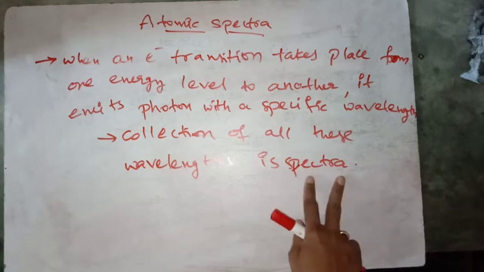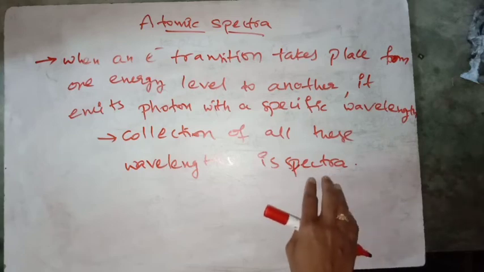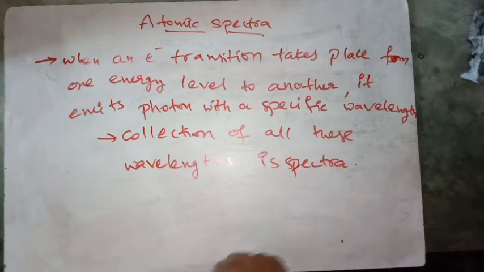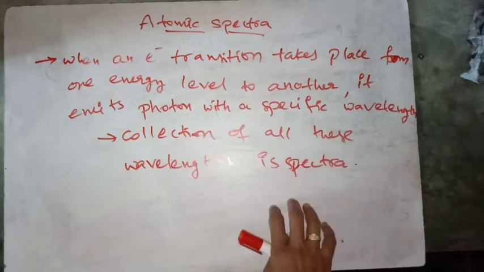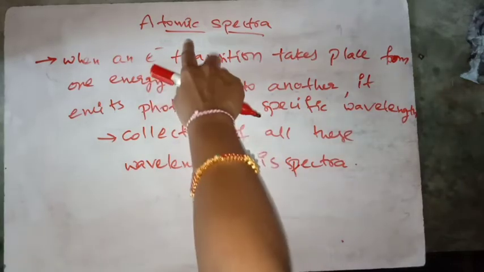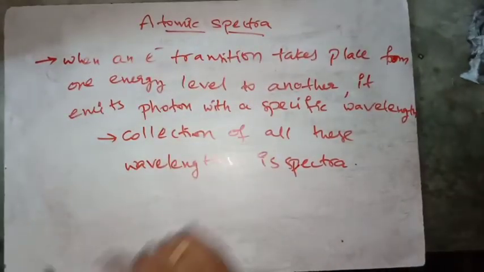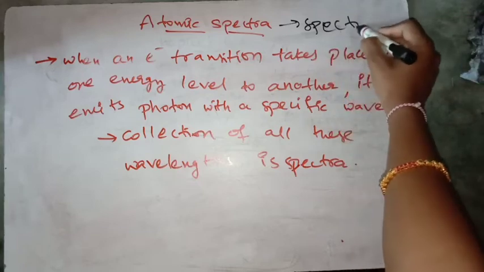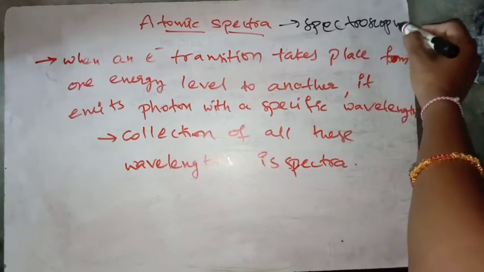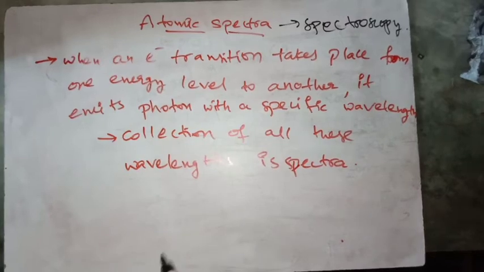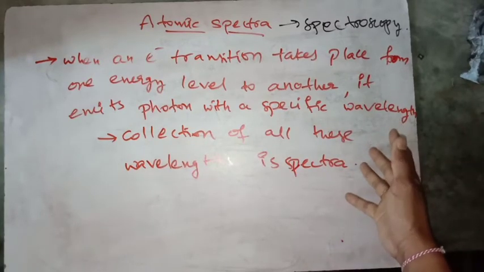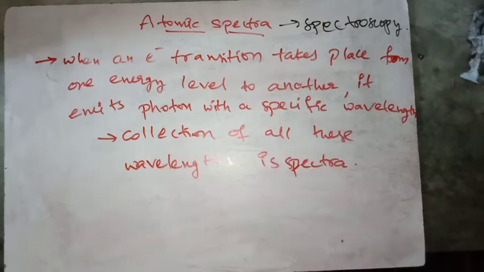The spectra is observed using an instrument known as a spectrometer, and the study of atomic spectra is known as spectroscopy. This is an introduction about atomic spectra.